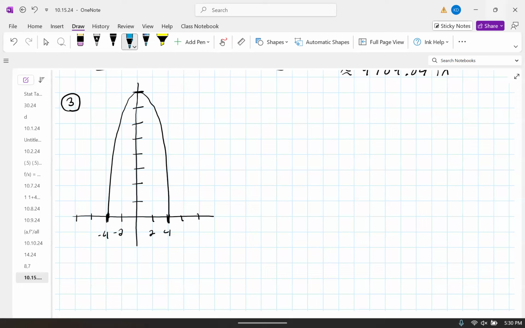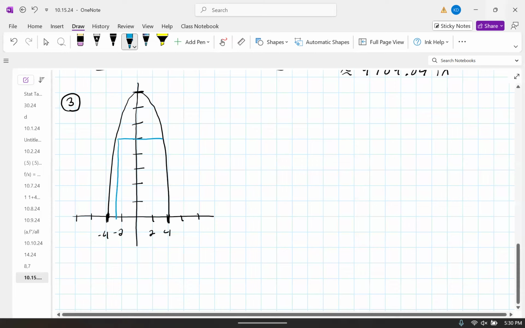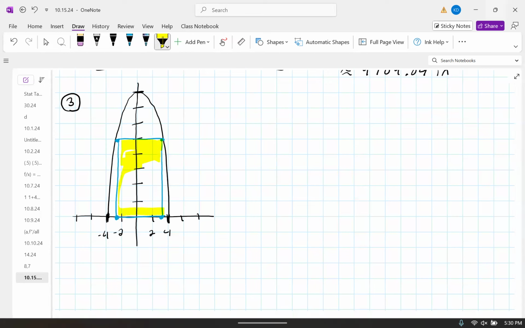All right, I am going to draw a rectangle that is probably not optimal, but so you can see what we're talking about. So our rectangle hits here and here, here and here. This is the inside.